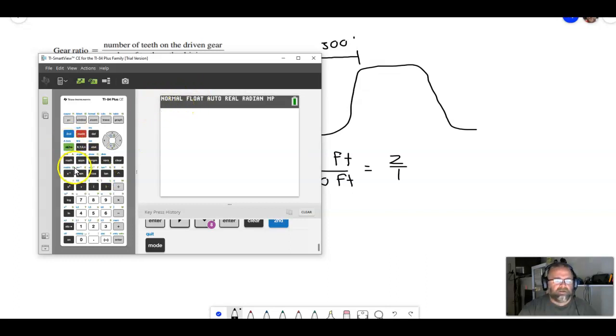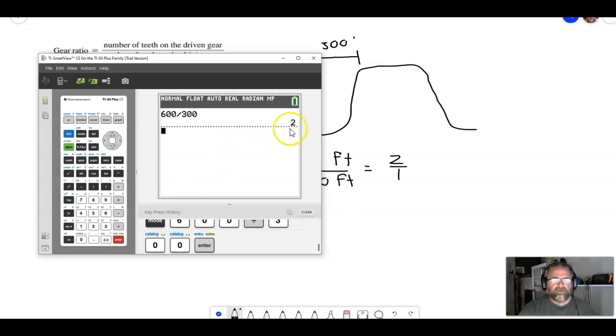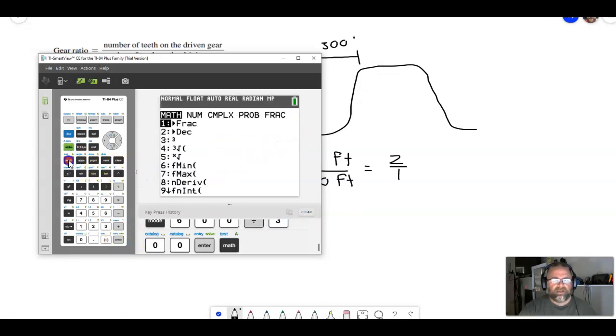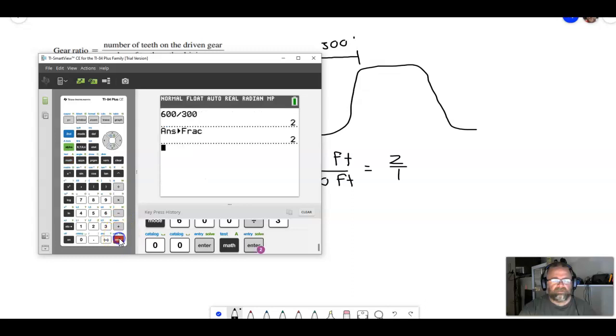All right, so let's go in here. If I did 600 divided by 300, I got the number 2, and if I want to convert that to a fraction, since it's over 1, it just leaves it as 2. So we can write 2 over 1. This one's not going to put it into a fraction form, just because it's over 1. But let's look at one that will.